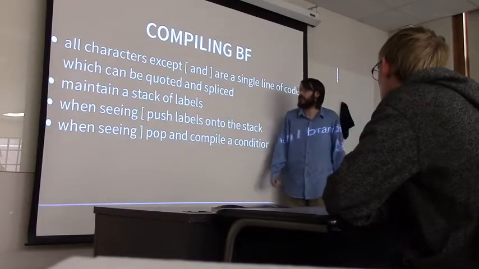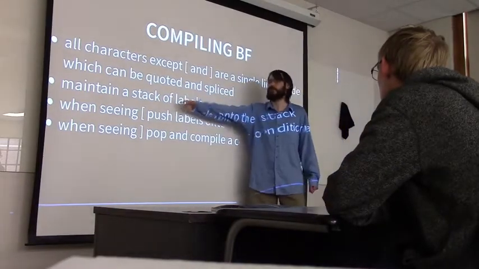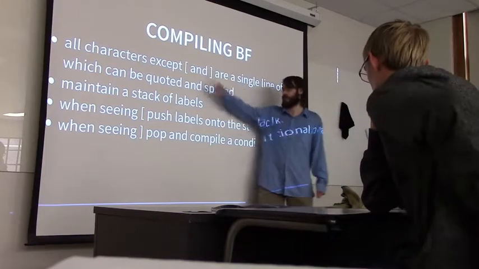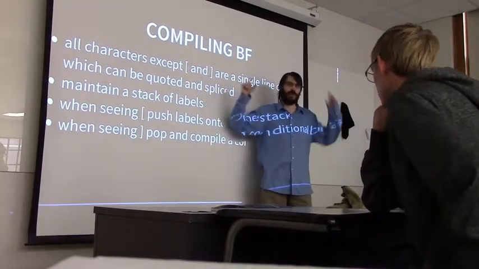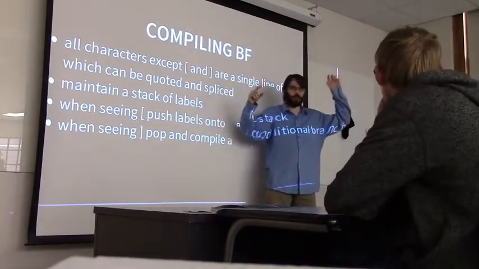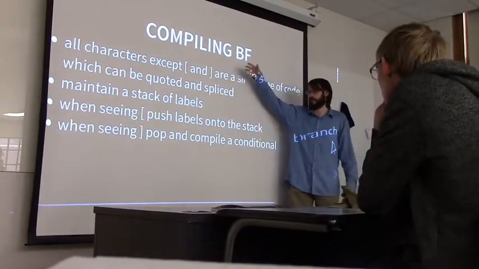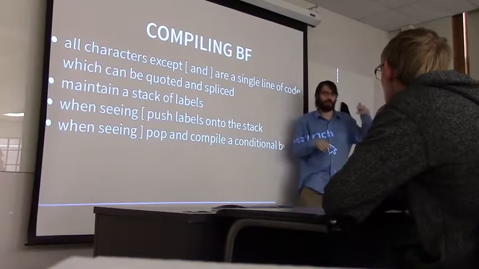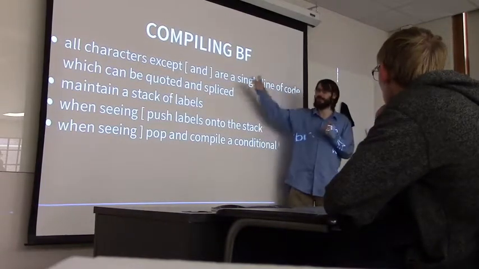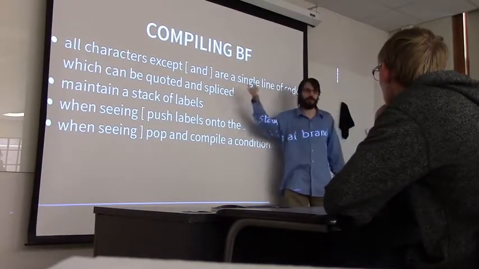You can then maintain a stack of labels that you push and pop off of as you see your matching square brackets for your conditionals and loops. And then you write a simple implementation of what each character in the language does.